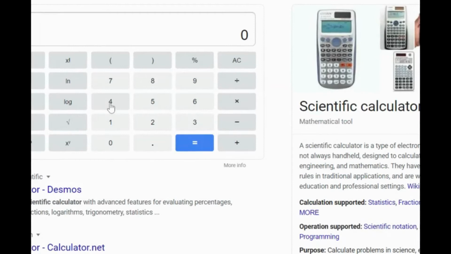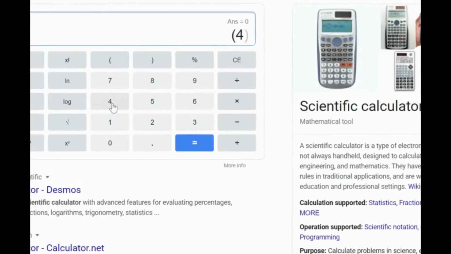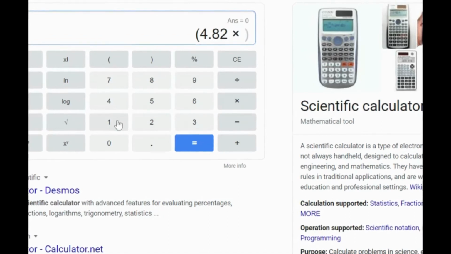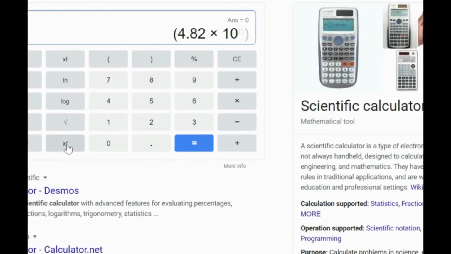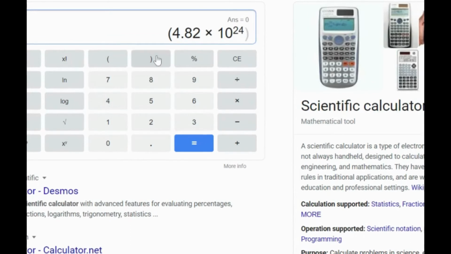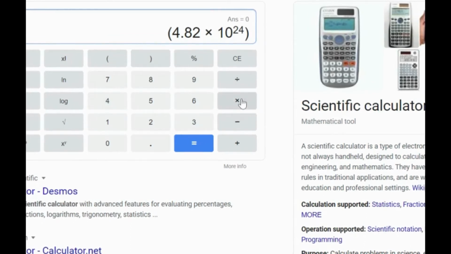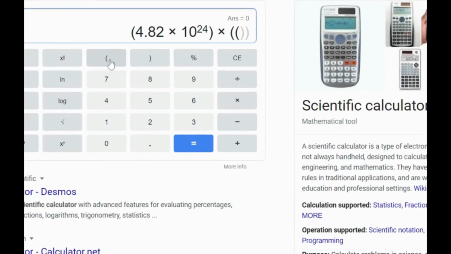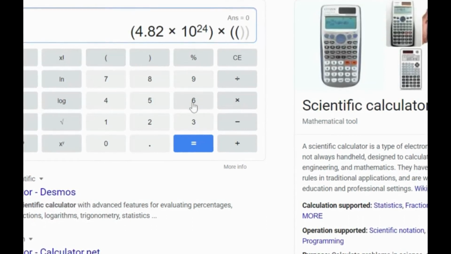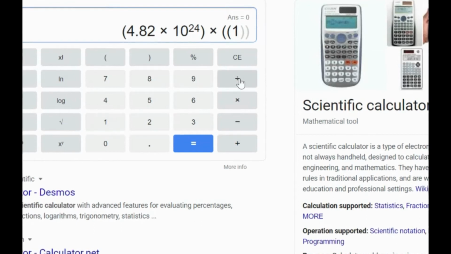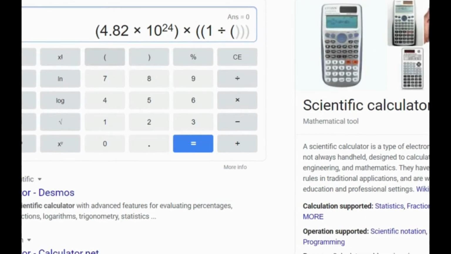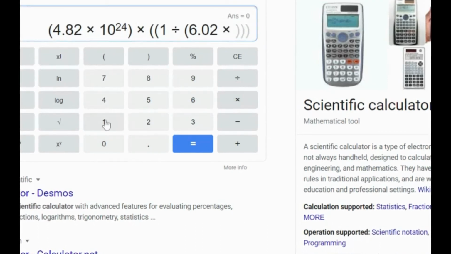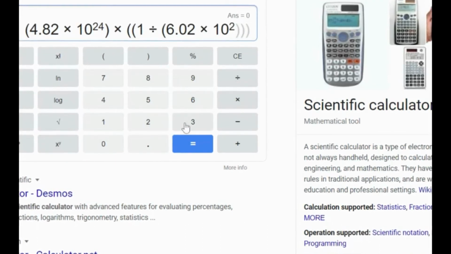So what I would do is I would use the parentheses, and I would have the 4.82, then times 10. I'd use this x to the y, 24th, close parenthesis. Then I would do times. I'm going to do open and open, because I want to do 1 divided by, and then I'm going to do an open 6.02 times 10 to the 23rd.